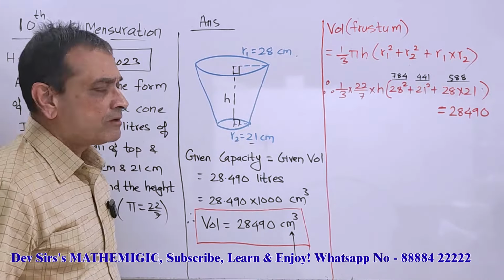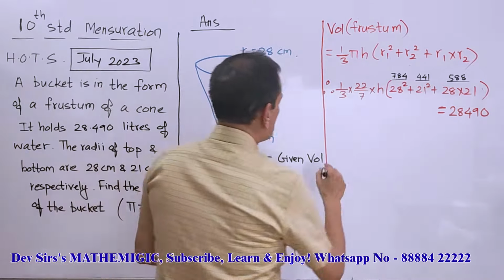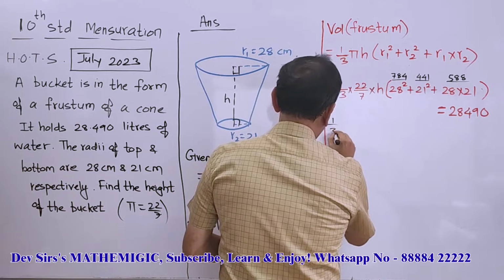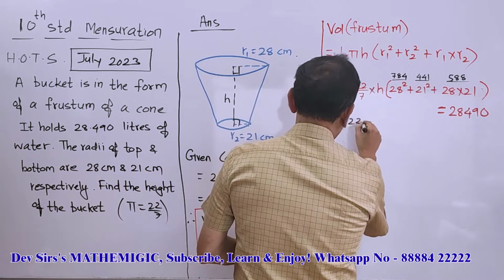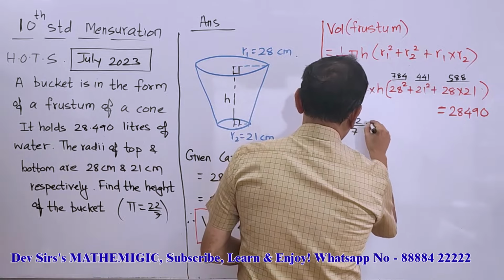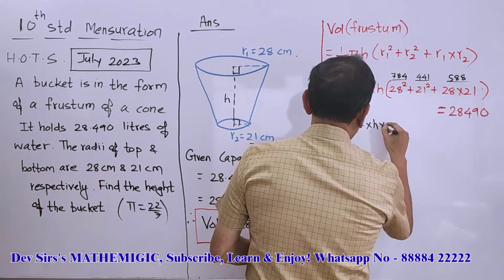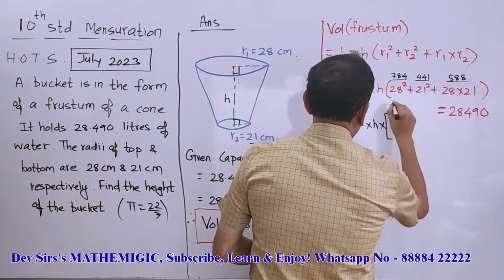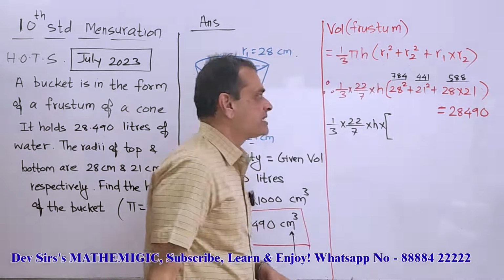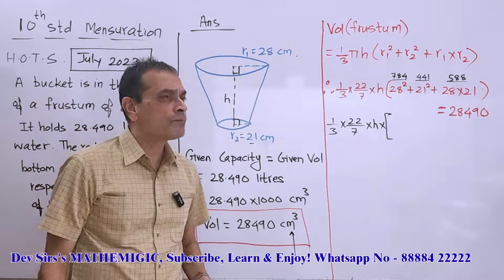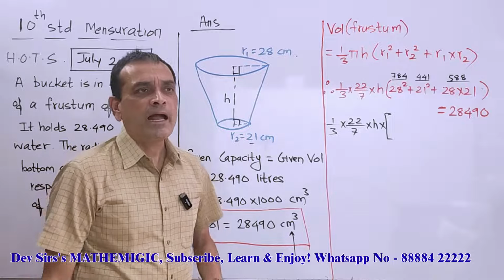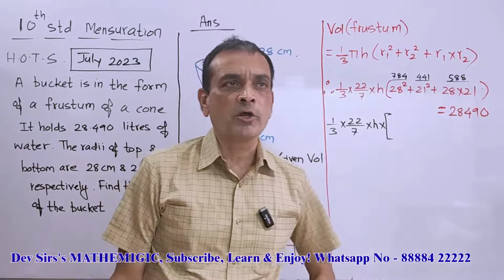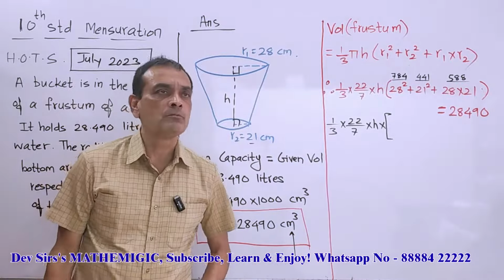Clear? So now let's see how to calculate. So 1/3. ये तीनों ऐड करो. 784 plus 441 plus 588. Add all the three numbers. See what you are getting. तीनों ऐड करो.